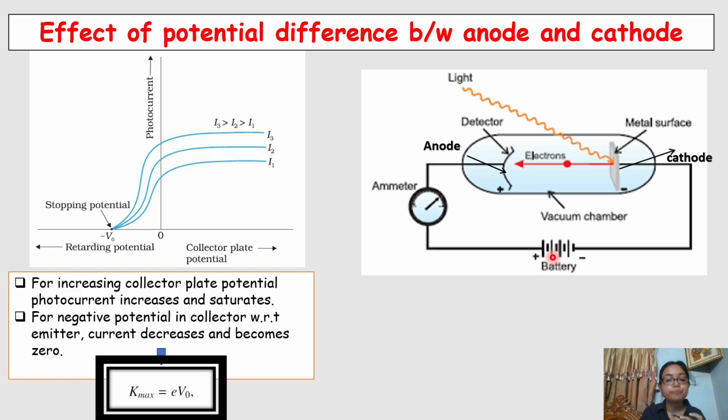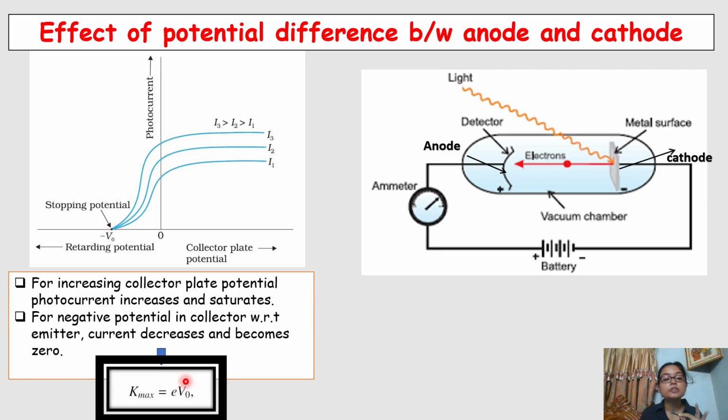That minimum reverse potential for which the photocurrent becomes zero is known as the stopping potential, and this stopping potential is related to the maximum kinetic energy of the photoelectron. This is given by the equation Kmax is equal to the electronic charge multiplied by the stopping potential.